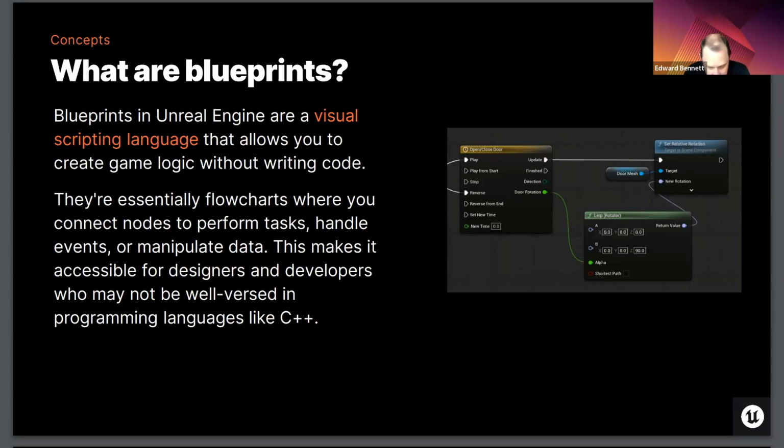However, it has grown massively in its years, along with the engine as it's got better. And now blueprints are a very acceptable way of generally coding. A lot of people use it for prototypes, but it's often used within the engine to complement C++, with a lot of games having some element of both C++ and blueprints custom code inside them.